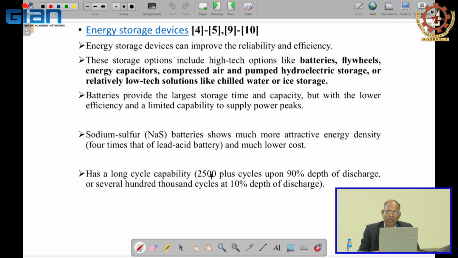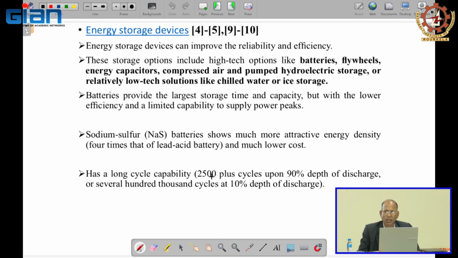So with the storage system, in abbreviated terms, we call it ESS, energy storage systems. We have a wide variety of options for the storage system. The most commonly used, most preferred, most convenient to use is the batteries.